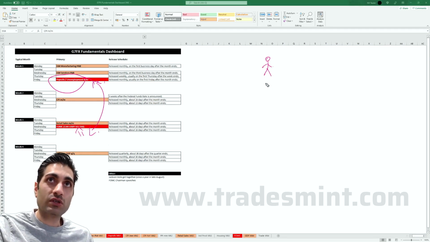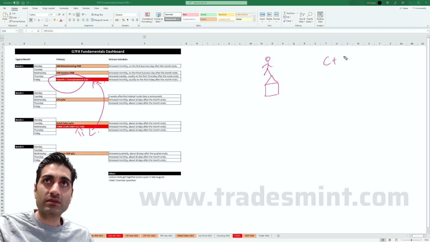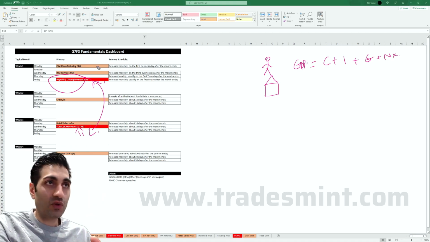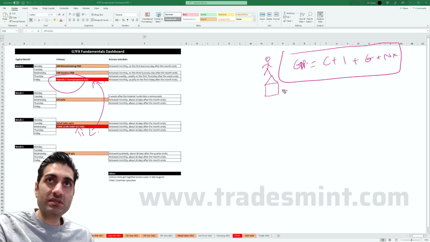I want you to draw the circular flow of income. So important. Any type of fundamental analysis I do, I'm thinking of the circular flow of income. C plus I plus G plus net exports. What is the impact of this data? Every data release I look at, how does it impact this equation? How does it impact the circular flow of income?